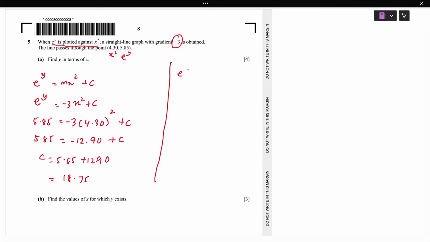Okay, so next we get the equation e power y equal to -3x square plus 18.75. Actually, we need to find y, because the question says find y in terms of x. So I'm taking natural log both sides.